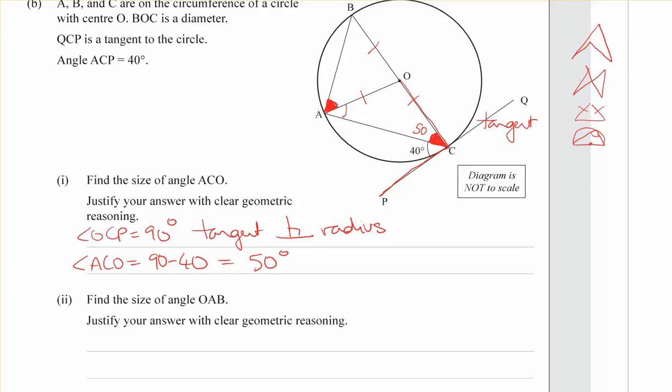And actually that one might work there because that's 50, and angle BAC is an angle in the semicircle. So we'll write angle BAC equals 90 degrees, and that's angle in a semicircle.